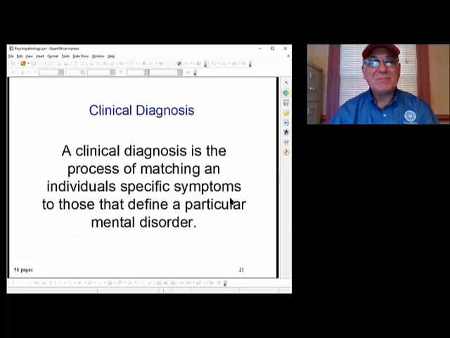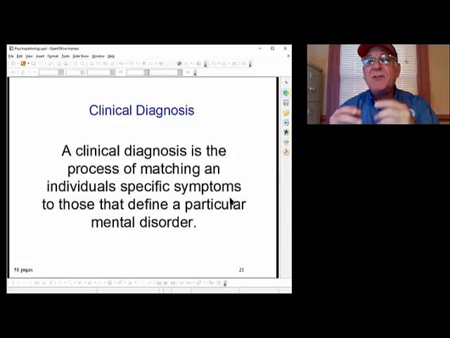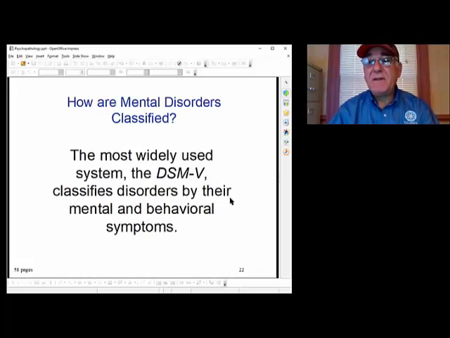All right, so a clinical diagnosis is the process of matching an individual's specific symptoms to those that define a particular mental disorder. And how we arrange it is through a book called the Diagnostic and Statistical Manual, and it's in the 5th edition of its publications.